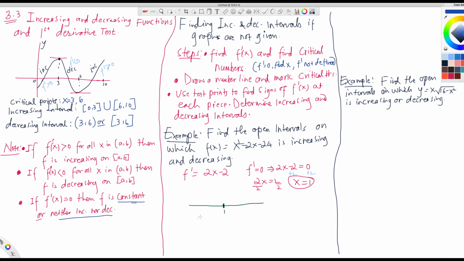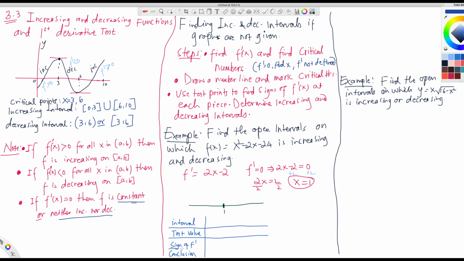Let me write down that interval, then test value, then sign of f prime, and then conclusion. Okay, let us make a table that will be easier for you guys.